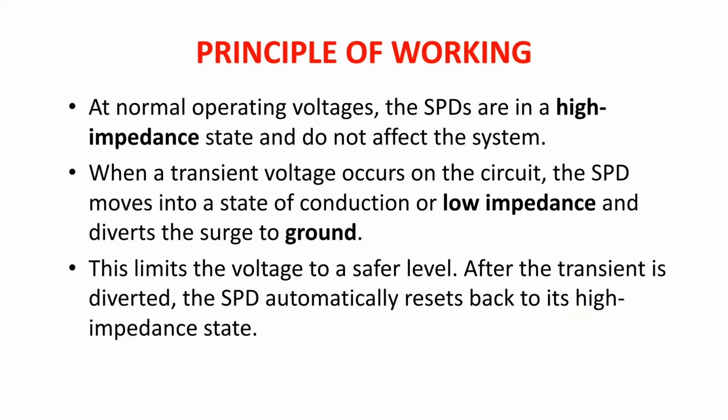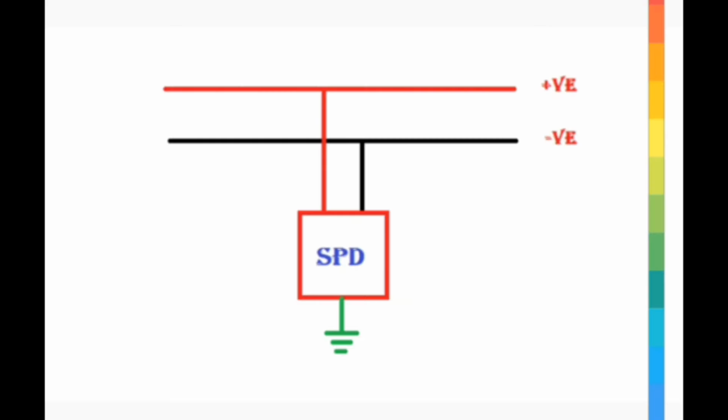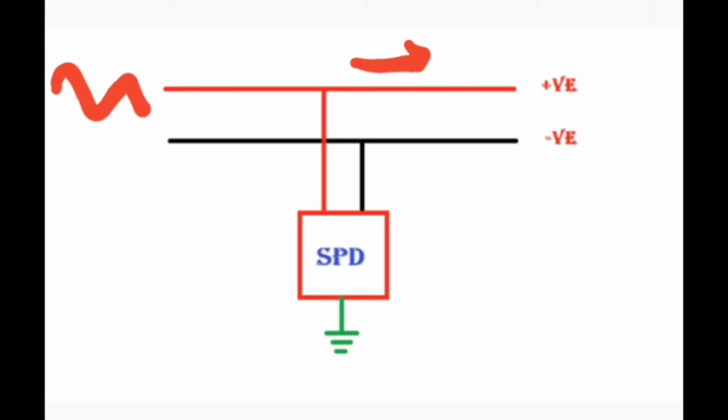Let's see. Friends, first talking about the working principle of surge protection devices. See how these SPDs work. When your operating voltage is normal, when your system is in normal conditions, then the impedance, or the current resisting power, of SPD will be very high. In normal conditions, when your power waveform is sinusoidal and coming normally, and yes, SPDs are connected in parallel, like this is positive in DC or phase in AC.